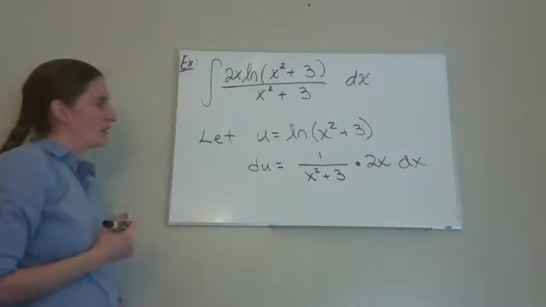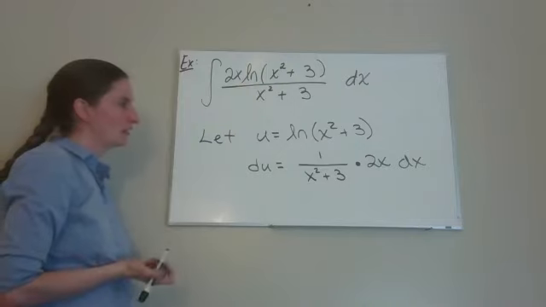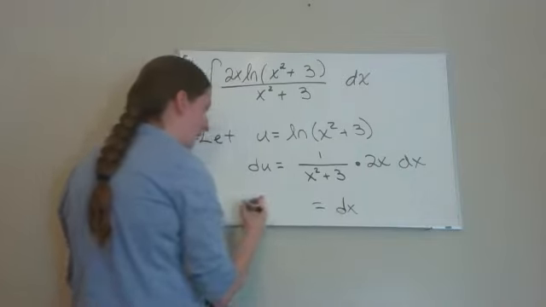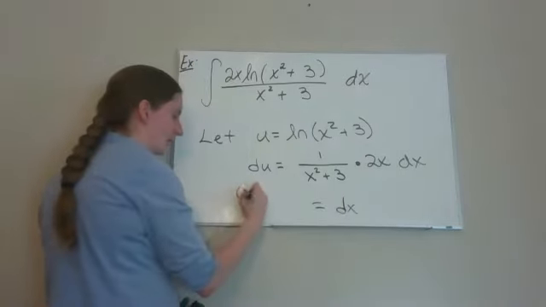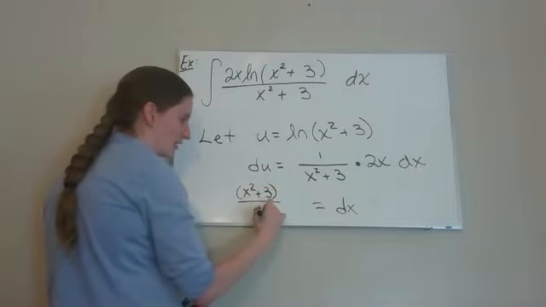So I get a 1 over x squared plus 3 times a 2x dx. If I were to solve this for my dx, I would have to multiply by x squared plus 3 and divide by 2x.